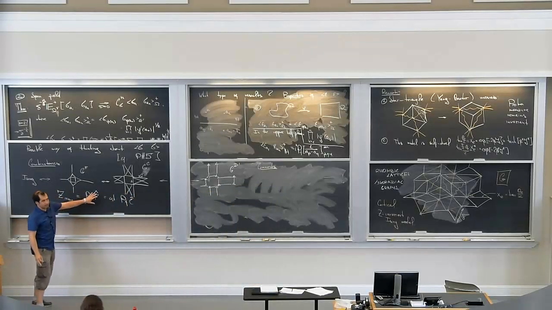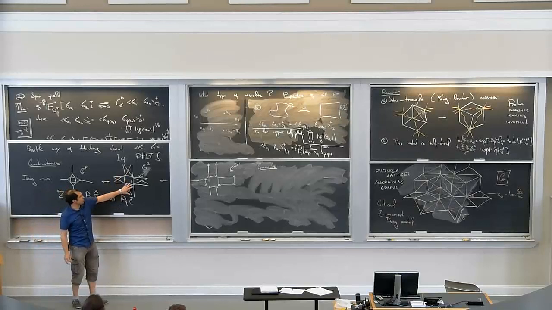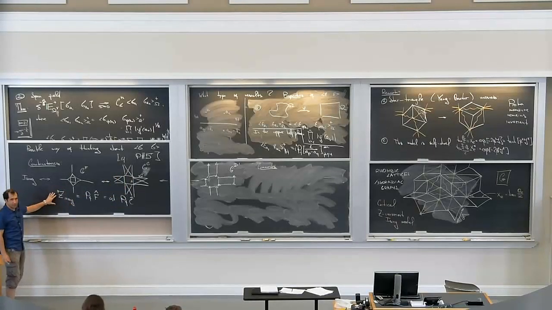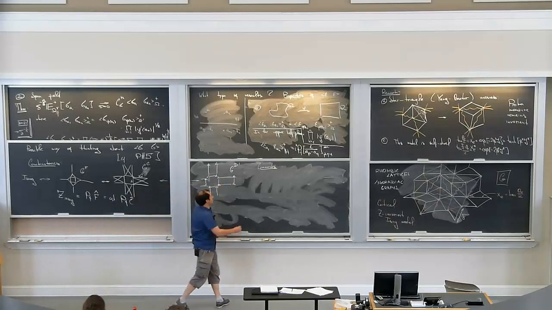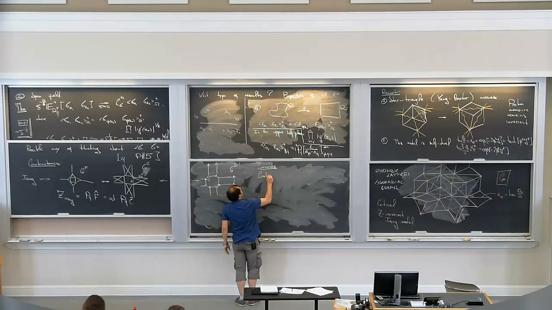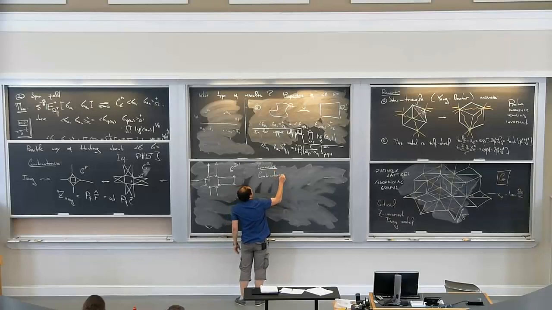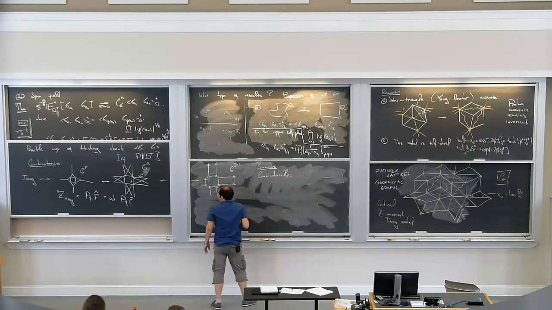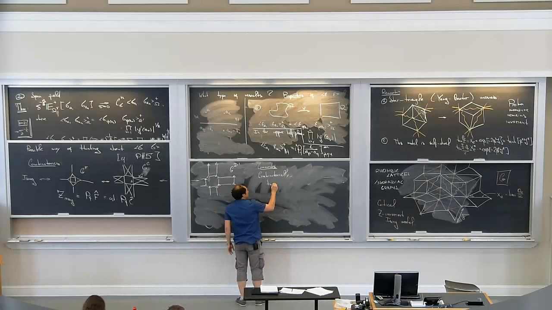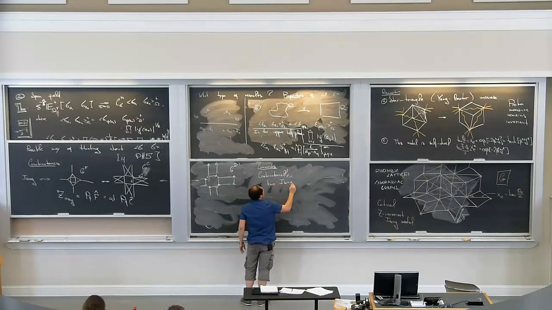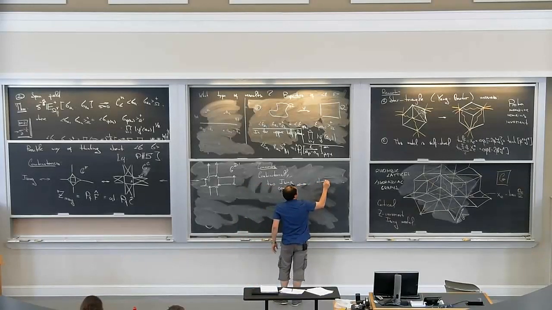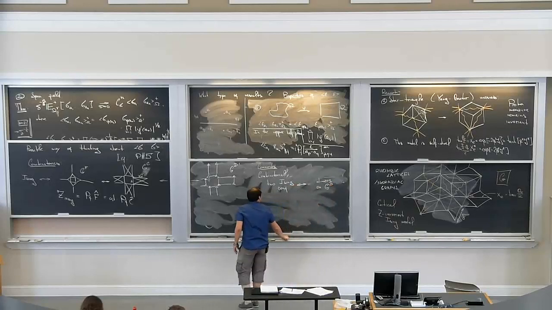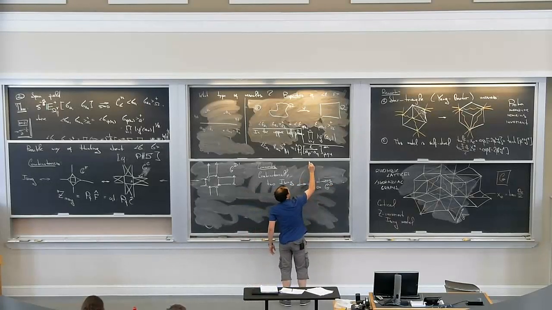This is not a bijection of a single configuration of the Ising model with dimers on this bipartite graph. Combinatorially, you need two Ising configurations that correspond to a dimer configuration on GT.